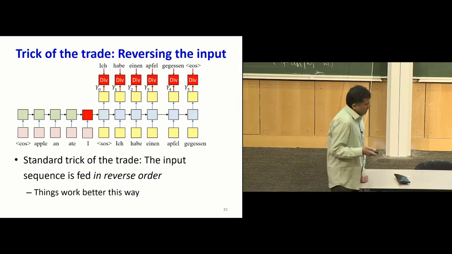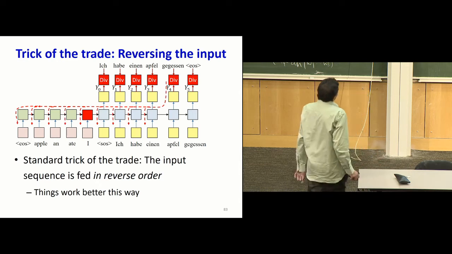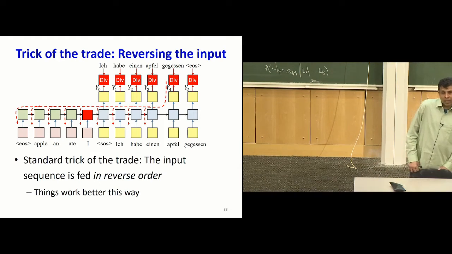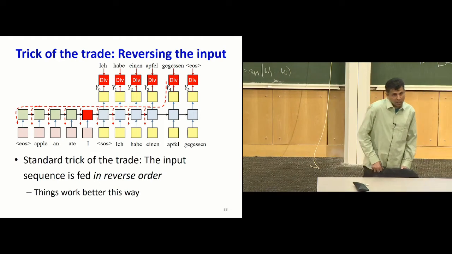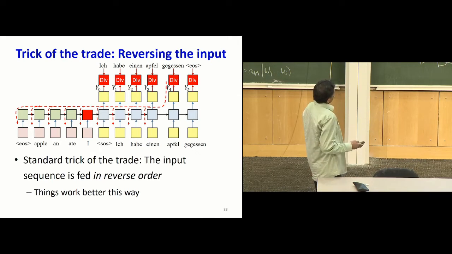Now this is just an empirical heuristic, and it has been reported to work better than simply providing the input in forward order. And once you do this, backpropagation continues just as before.